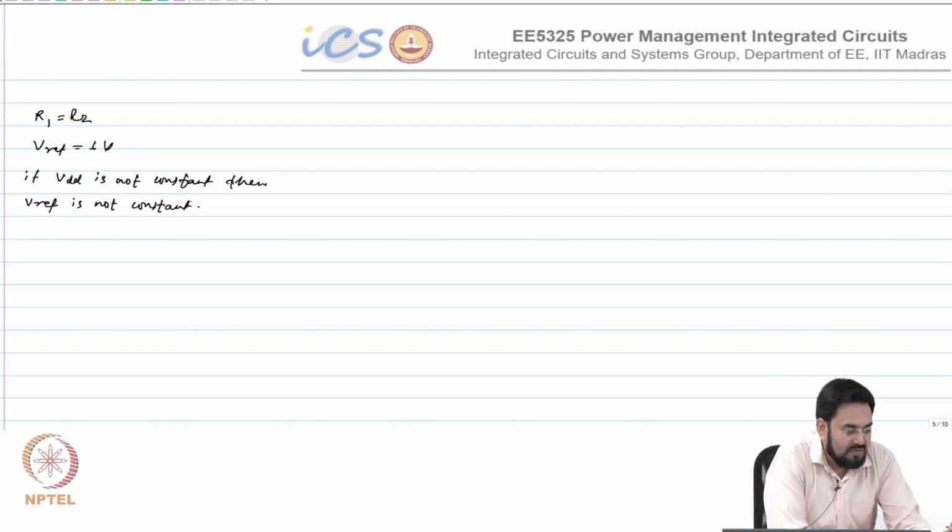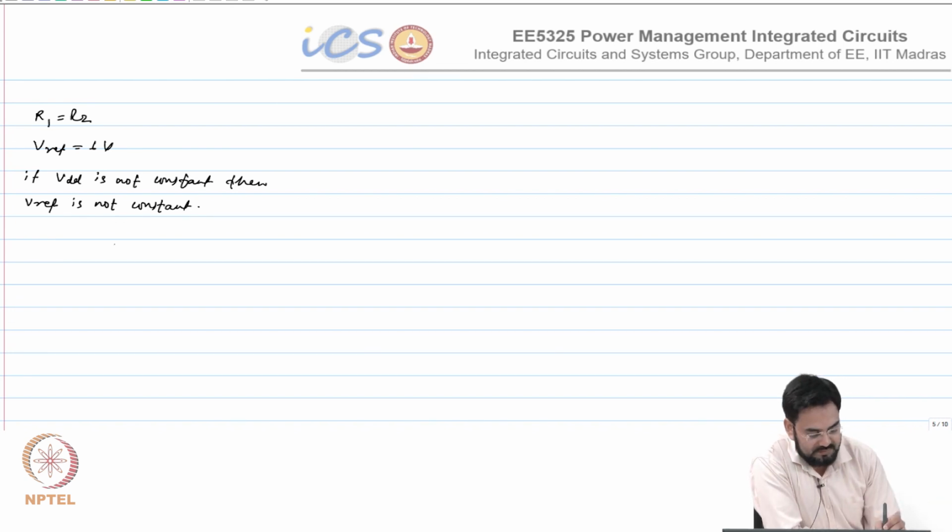Okay, is there any other way I can generate a constant Vref? What is the forward voltage of a diode? So this is any I bias.